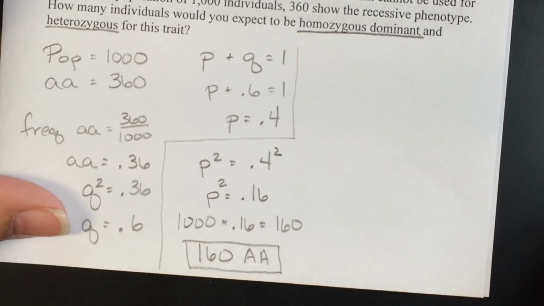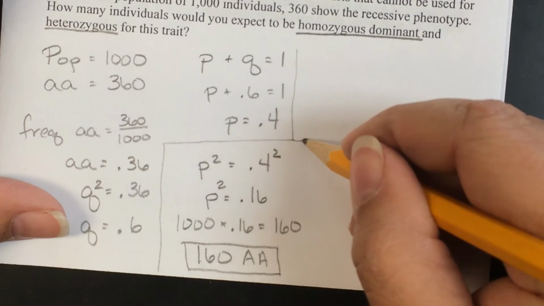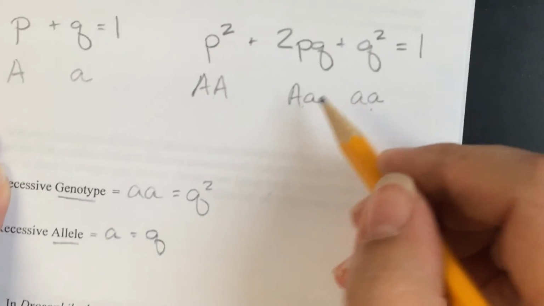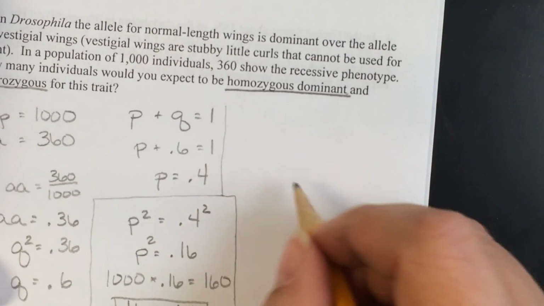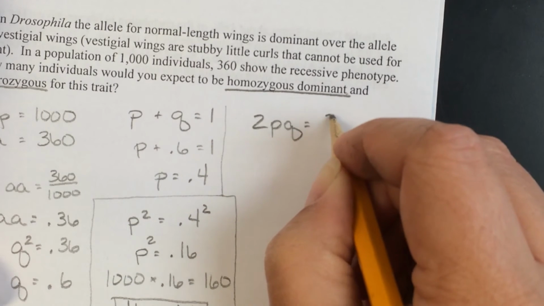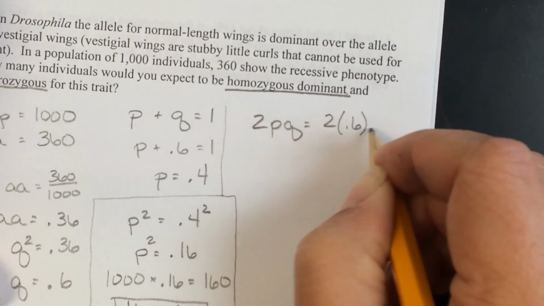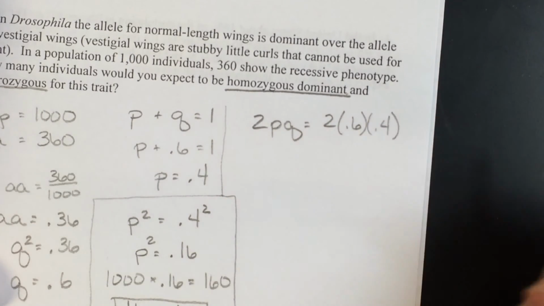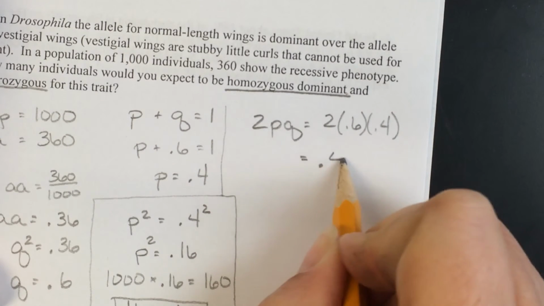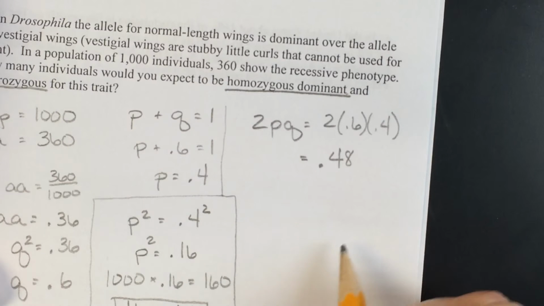The question also wants to know heterozygous. So I'm just going to box this off a little bit here. That is up here, heterozygous is 2pq. So we're going to take 2pq, so that's going to be 2 times 0.6 times 0.4, which is going to be equal to 0.48, which means that our population has a frequency of 0.48.